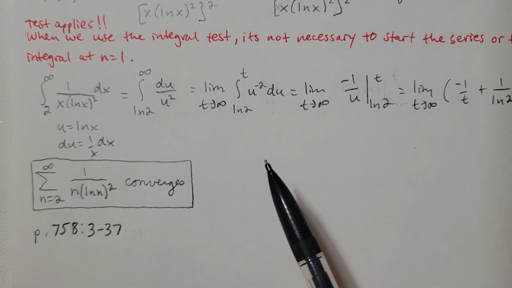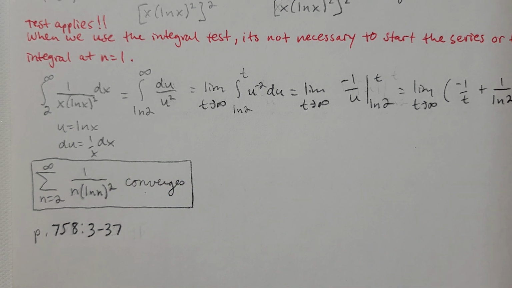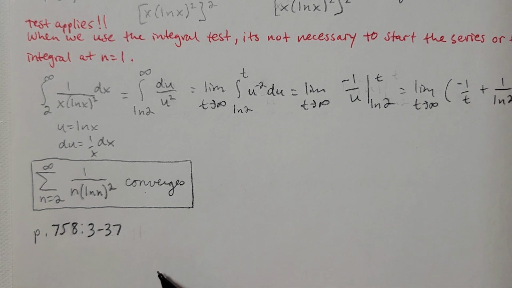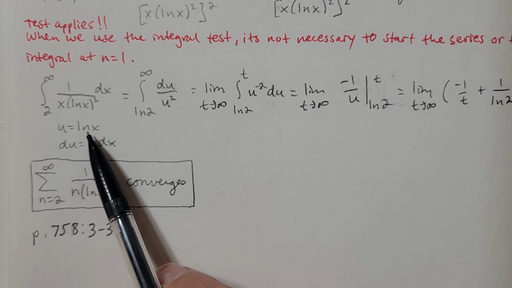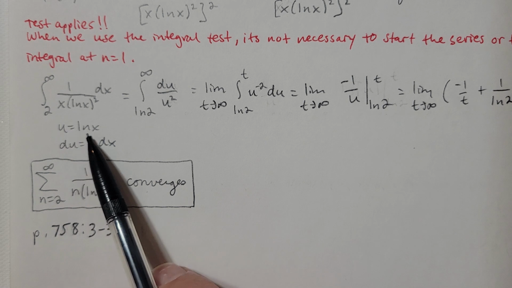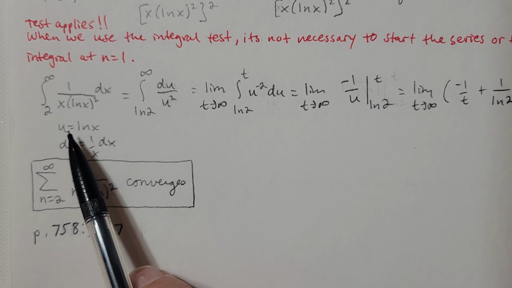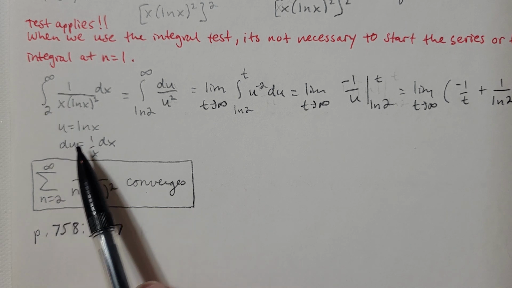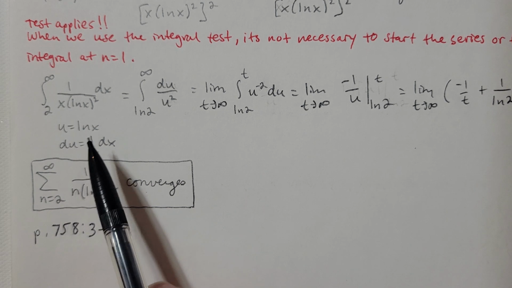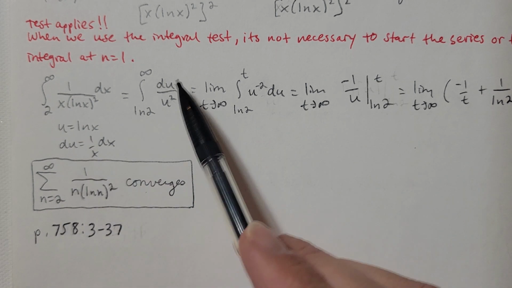Now remember, I have to change the bounds whenever I have an improper integral and I've used the u substitution. So if x is 2, u would be the ln of 2. And if x is infinity, the ln of infinity, something growing without a bound, is going to be infinity.